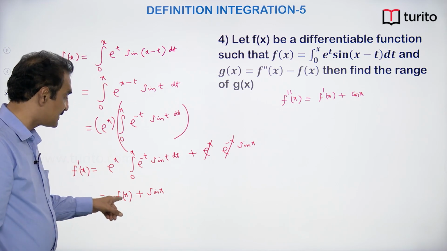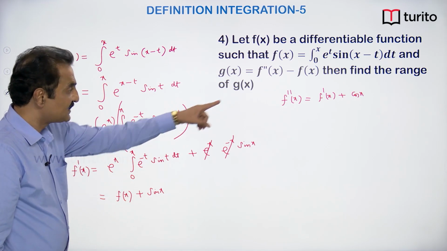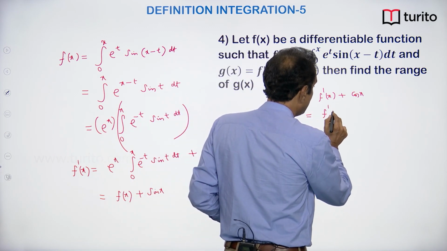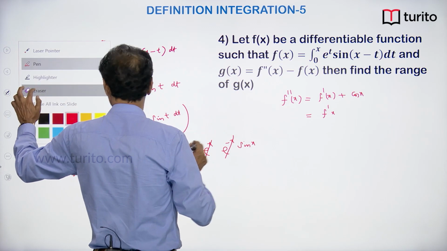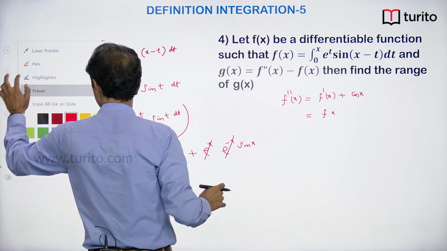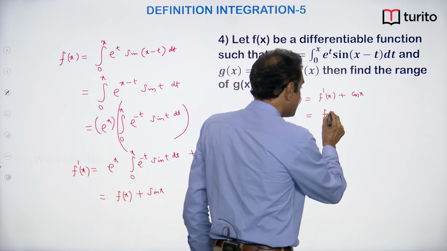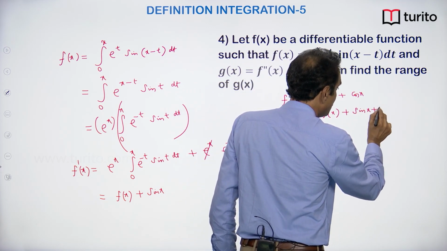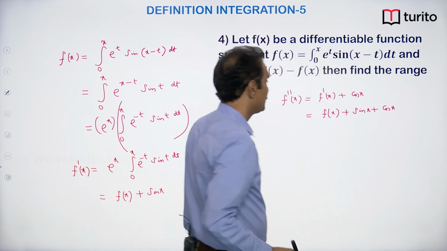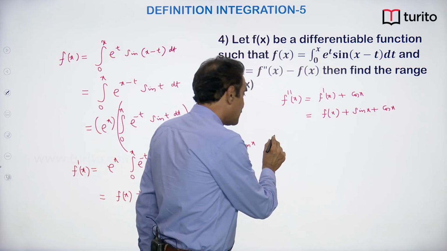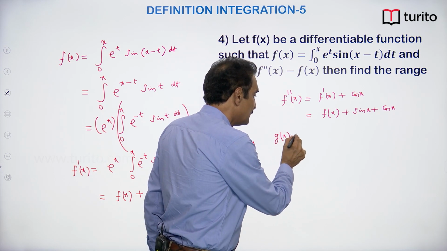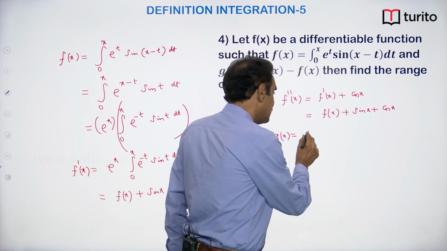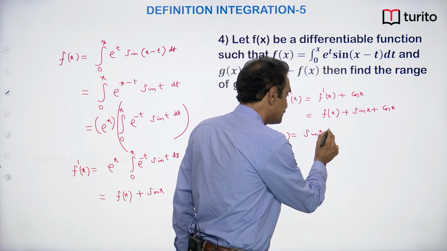Now, substitute f dash x here, it becomes f of x plus sin x plus cos x. Then g of x is f double dash x minus f x. So, this minus this, it will be sin x plus cos x.